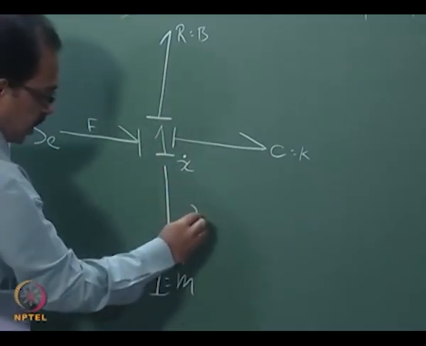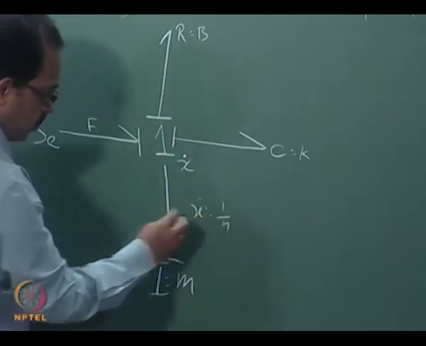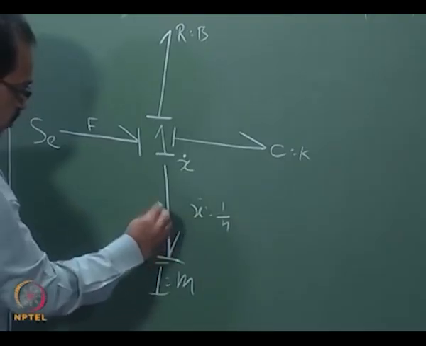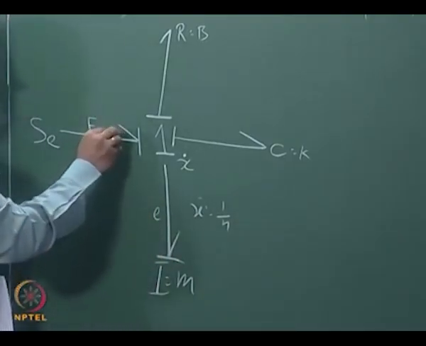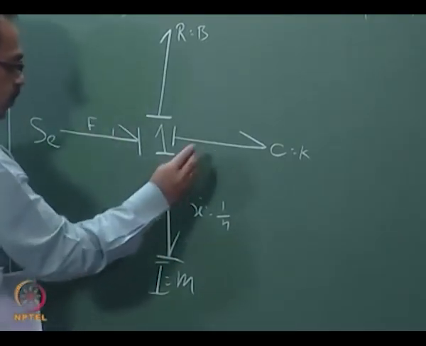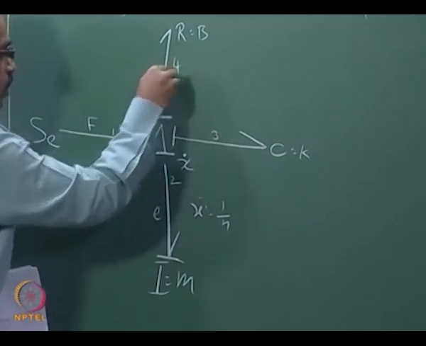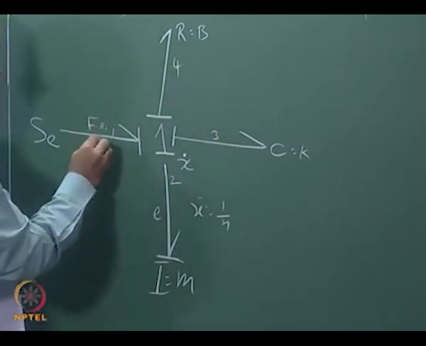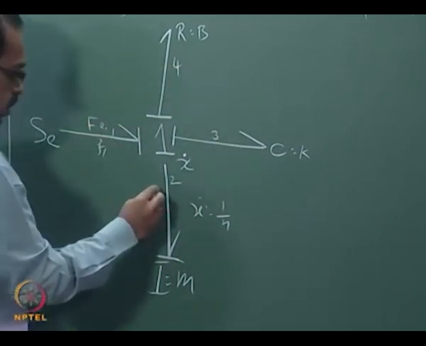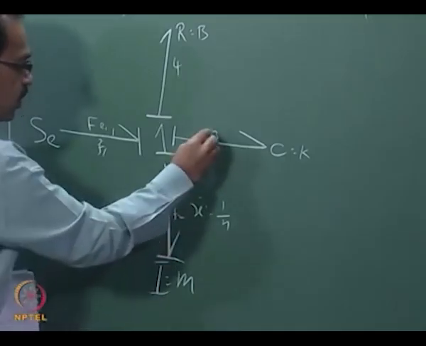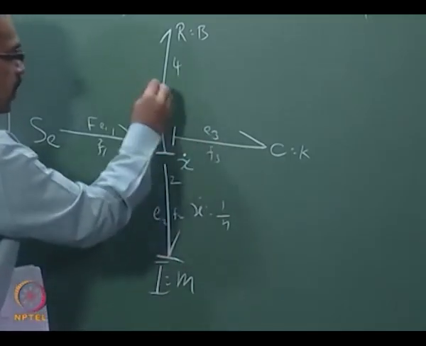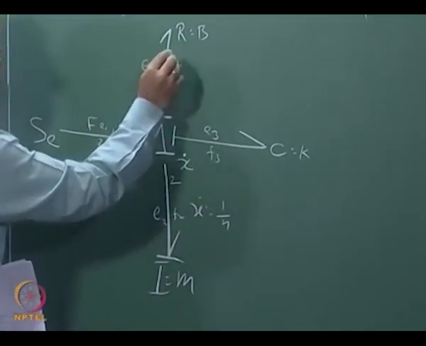So we have an effort coming here. If I number the bonds 1, 2, 3 and 4, I can write them as E1 F1, E2 F2, E3 F3 and E4 F4.